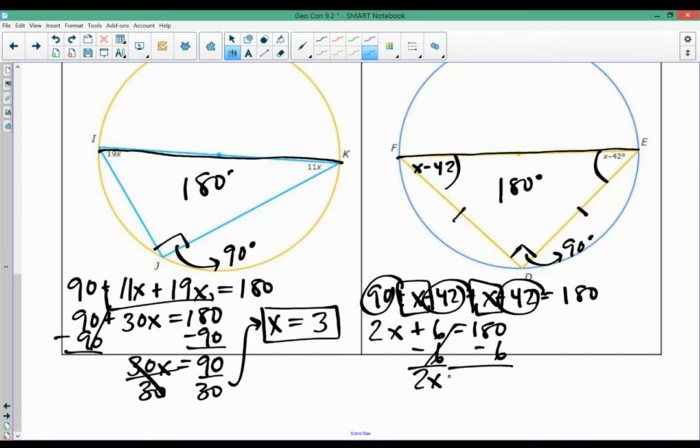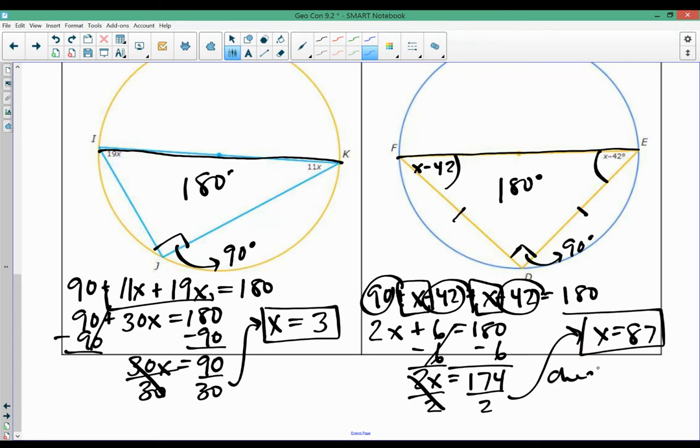Subtract 6 from both sides: 174. Divide both sides by 2. 87. Great year to be born. x equals 87. To check, 87 minus 42 equals 45. And 45 plus 45 plus 90 does equal 180, which is what we want.